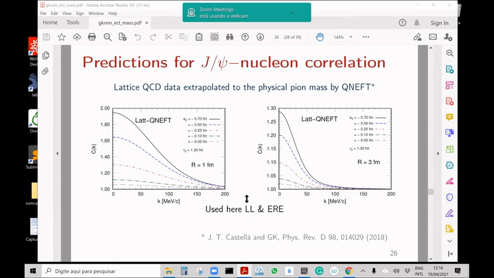However, if you follow this picture, I remember talks of Peter Braun-Munzinger arguing this way, by looking at the scaling of the different cross sections with the mass, that this process is dominated by the charm quark mass and that it is formed at the phase boundary.